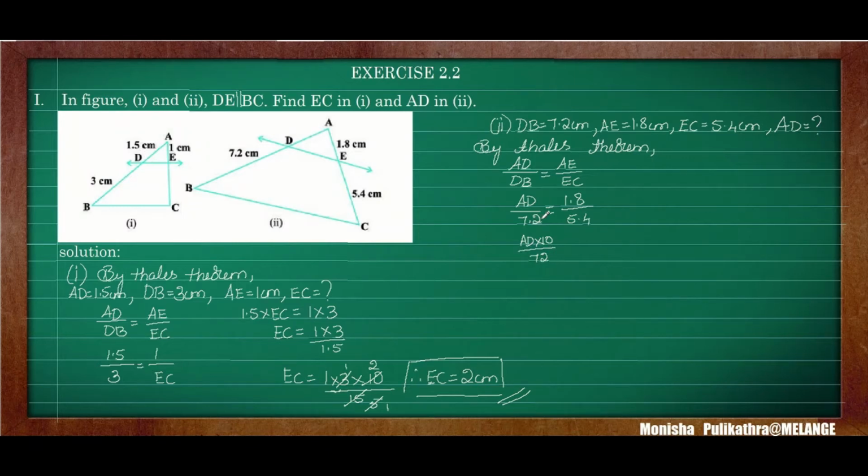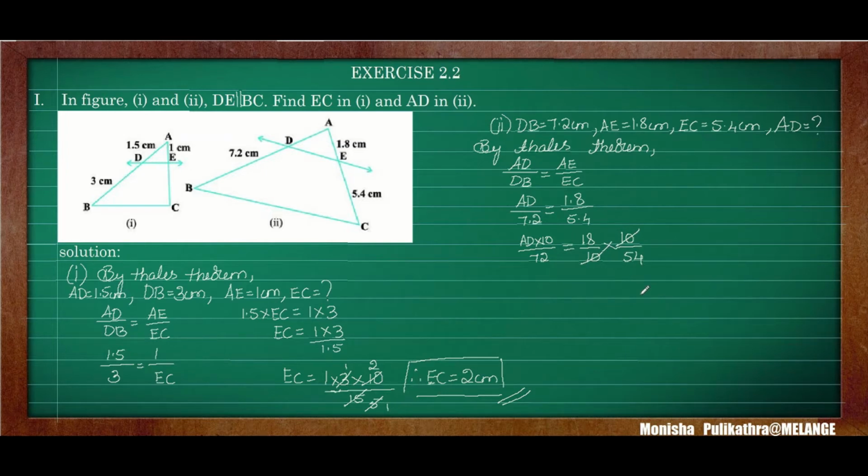After the decimal point only one digit is there, so we are writing 10 because 10 has only one zero. Is equal to, in order to remove the decimal point from 1.8, we write 18 divided by 10. Since the number is in the numerator, we write 10 in the denominator. Here the number is in the denominator, so we write 10 in the numerator. This is how we convert a decimal number to a whole number.